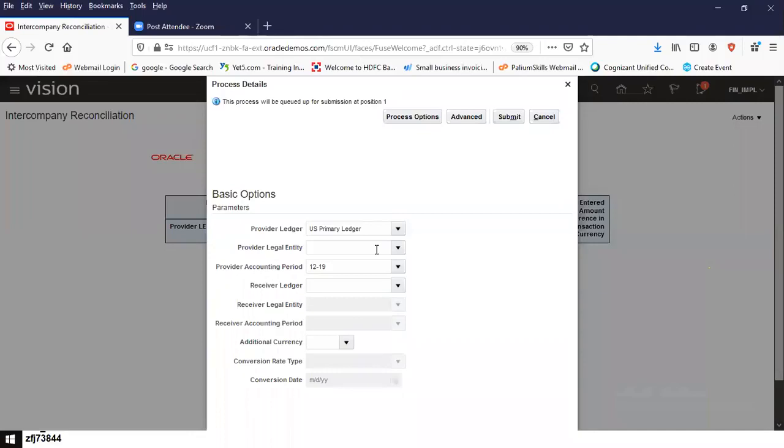Which is our provider legal entity? We had US, so we can pick up US. Now these are optional, or we can directly enter the accounting period. If there are a lot of transactions, then it makes sense to use it only for a particular legal entity or particular ledger.